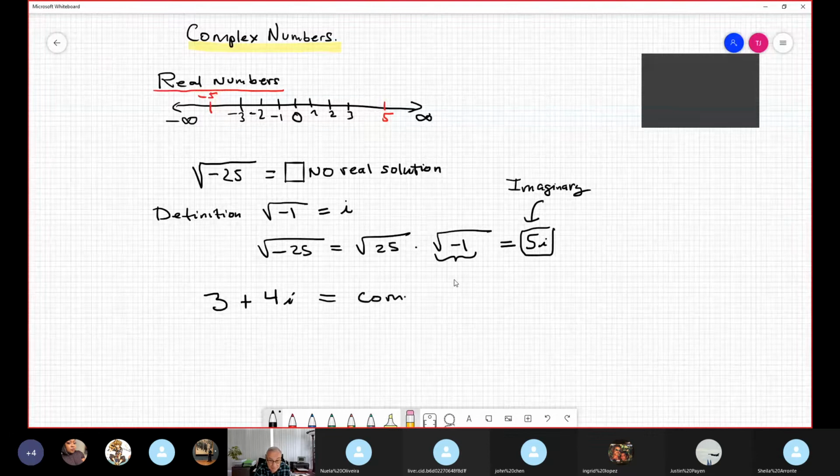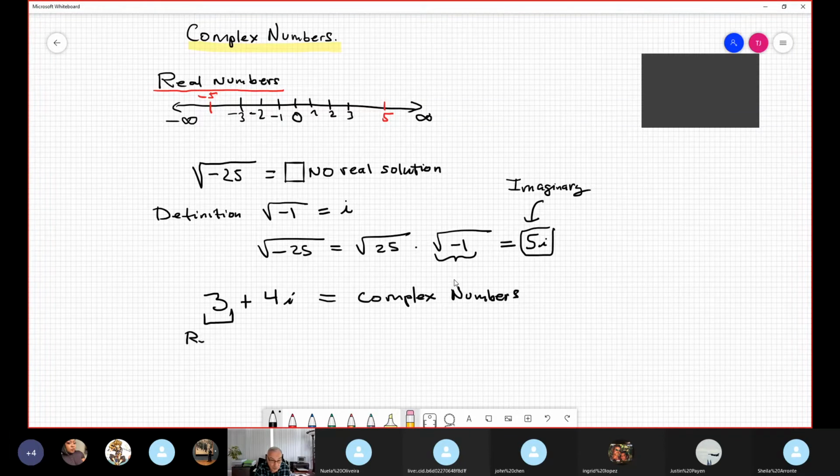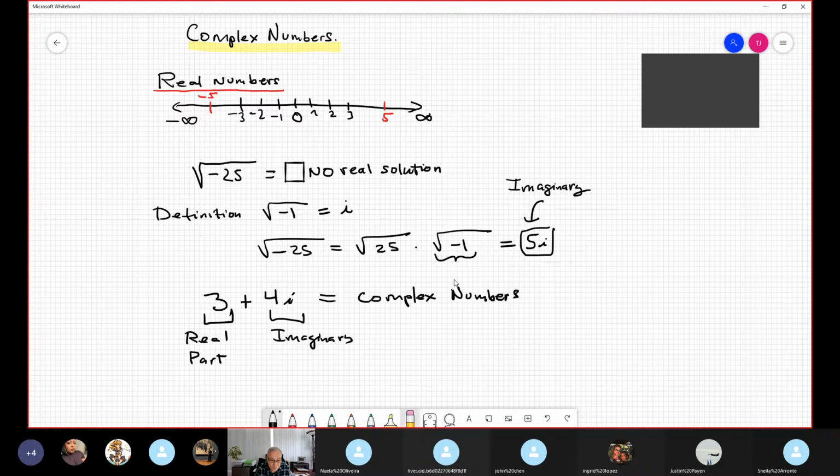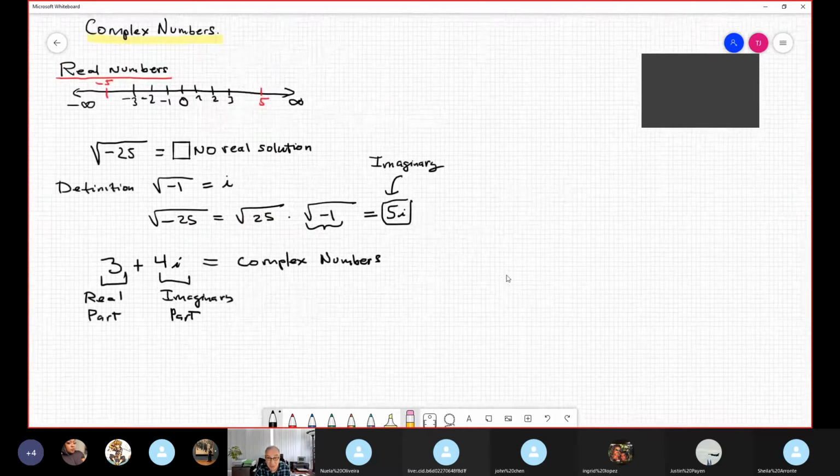This is a complex number. And what is a complex number? Well, a complex number is a combination of a real number, this is the real part, and the i part is the imaginary part. For example, take one of the classical real numbers that we studied at the beginning, 3.